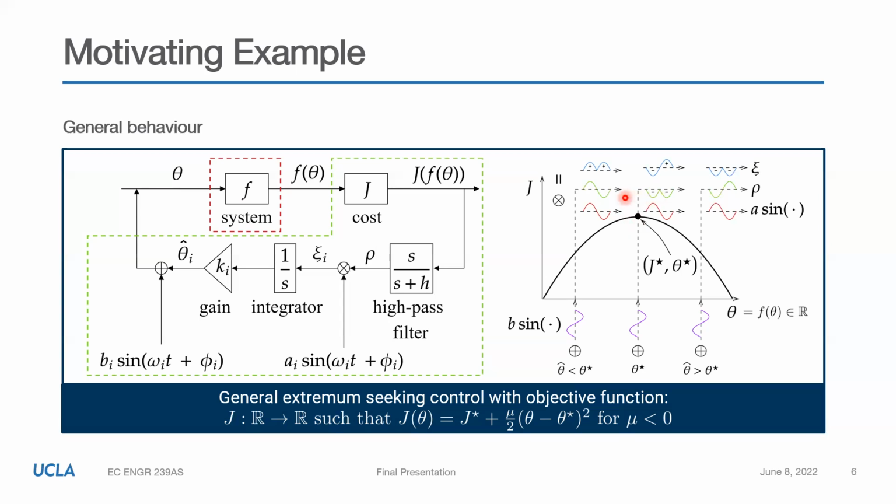So the interesting thing is when you multiply this rho by a sine, you get this sinusoidal function here, where as you approach theta star from the left, just as you hit it, this negative will actually drive theta hat away. And then this positive signal, when you're actually to the left, will drive it back. So you have this oscillatory behavior where you have increasing, decreasing, increasing, decreasing.